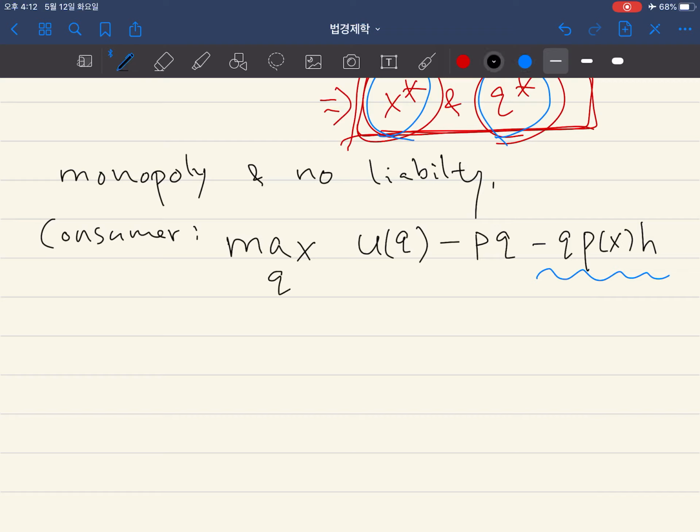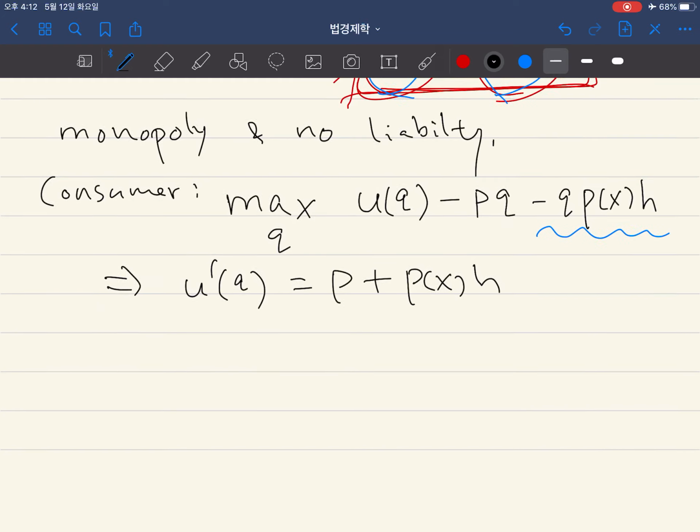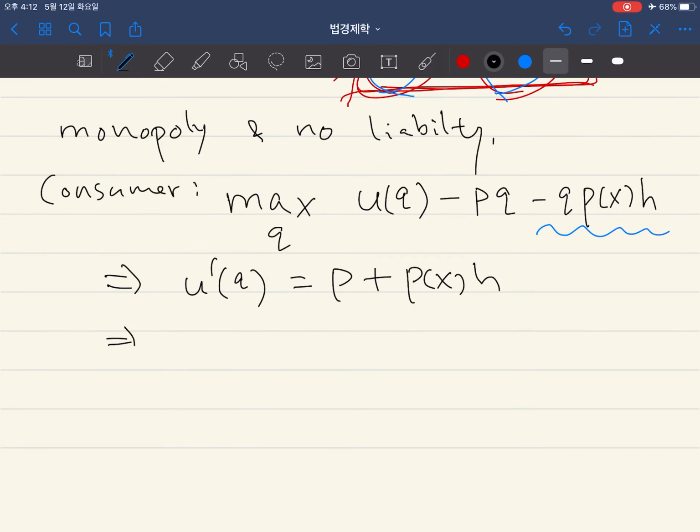So consumer wants to choose how much to consume. Then let's take derivative and set it equal to 0. We get this expression. So this is demand. So we can turn this demand to inverse demand by having price in left hand side.